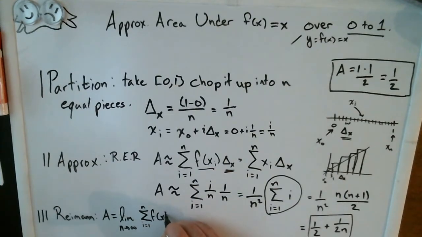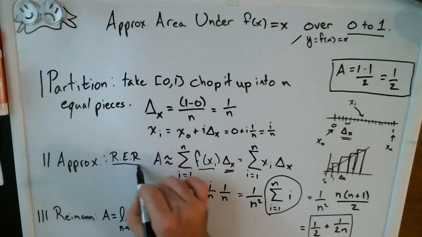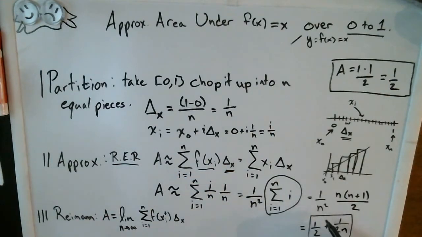So to do that, I'm going to put a star there. It doesn't matter which points you used, any approximation will work. Well, I happen to use the right endpoint approximation and got this, so I can plug that in for this whole expression right here. So it equals the limit as n goes to infinity of 1/2 plus 1 over 2n.